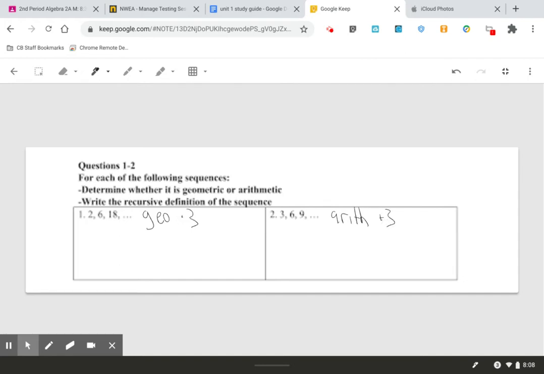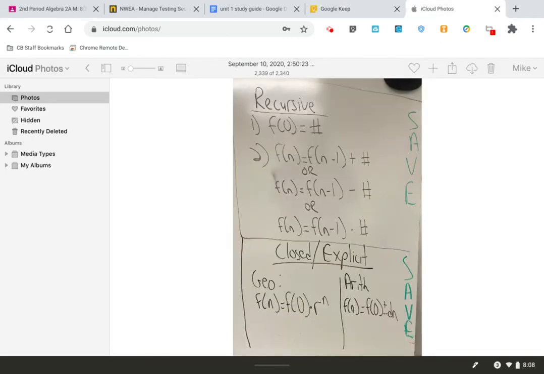So now that we know that, we are going to write the recursive definition. And if you forgot the recursive definition, this is a picture of what I have written on the board in my classroom. So this right here is the recursive, and this right here is the closed. Remember, the recursive has 2 parts. First part is your starting term.